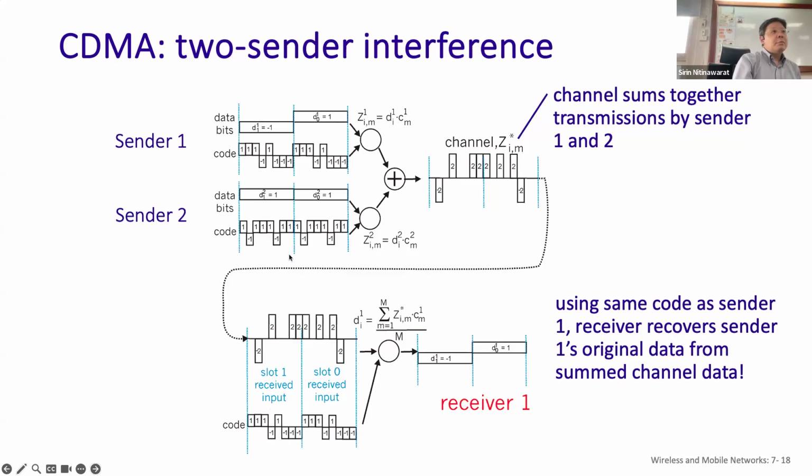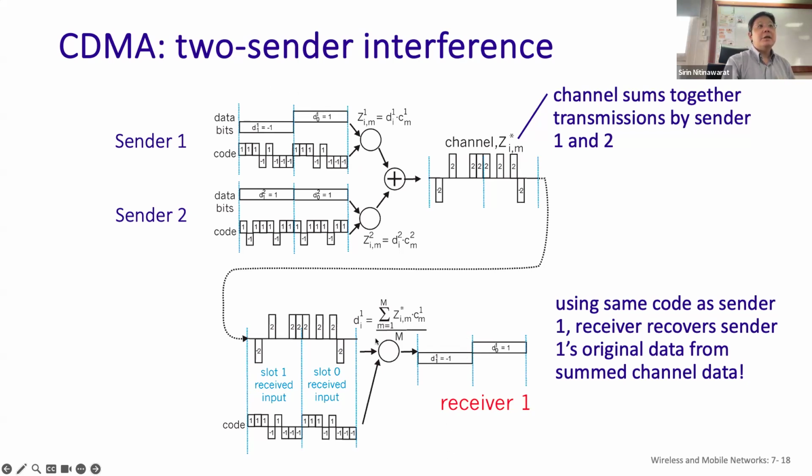It will first multiply the received signal with this chip sequence belonging to sender 1 before performing the inner product and thresholding. And in this picture, you can see by calculation that it does get back the signal of the first sender.